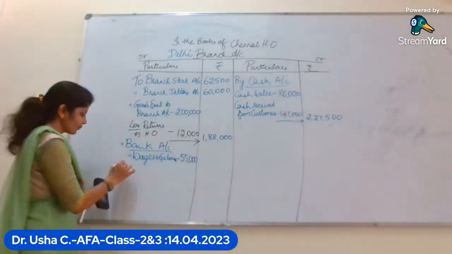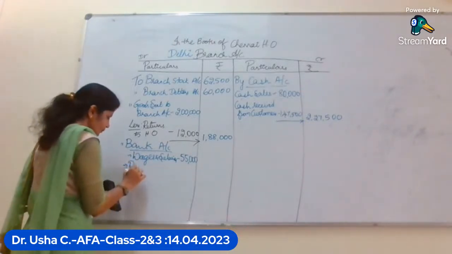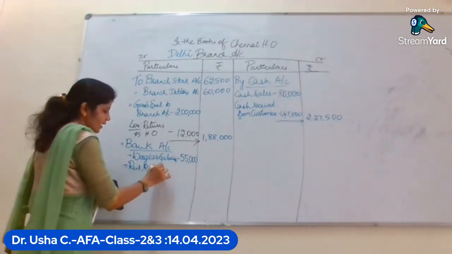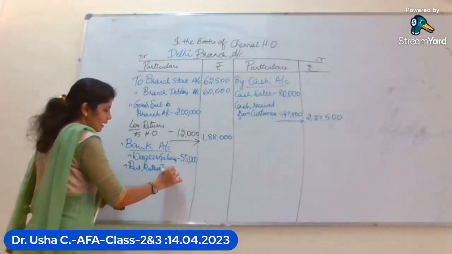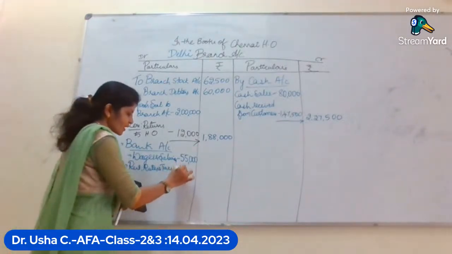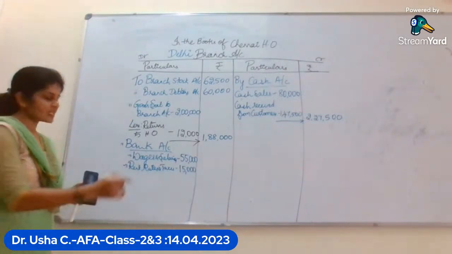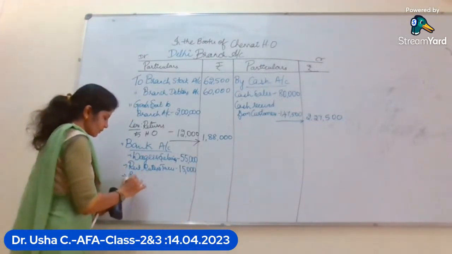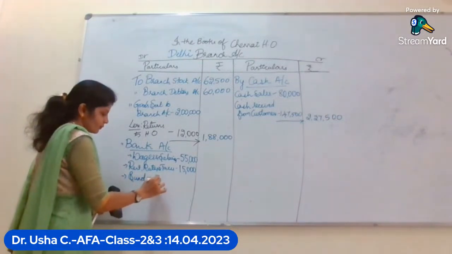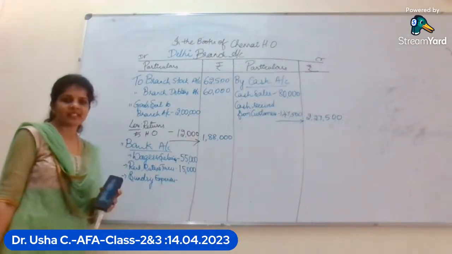55,000. Then rent, rates and taxes. What is the amount of rent, rates and taxes? 15,000. Then sundry expenses.